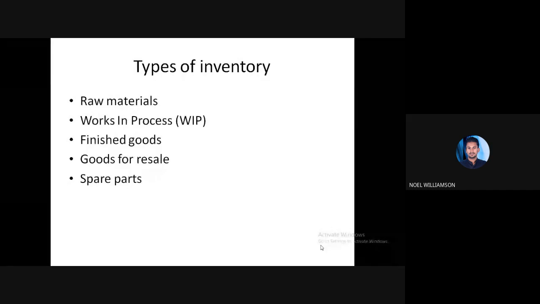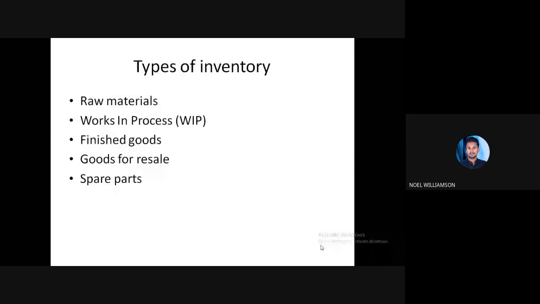If any of the products is in excess, then the excess quantity will be kept as inventory. That is semi-finished products, not finally finished. So these semi-finished products will be kept as inventory, that is the work in process inventory.